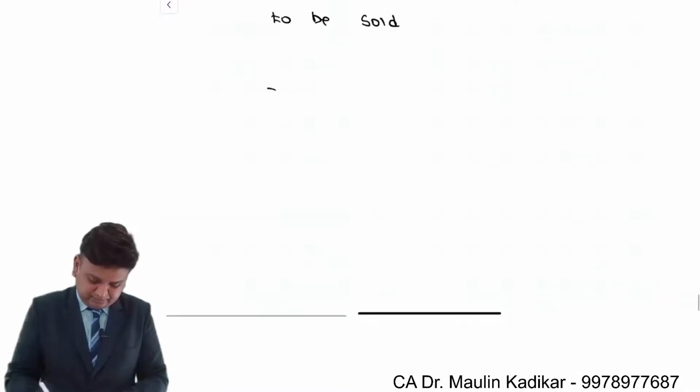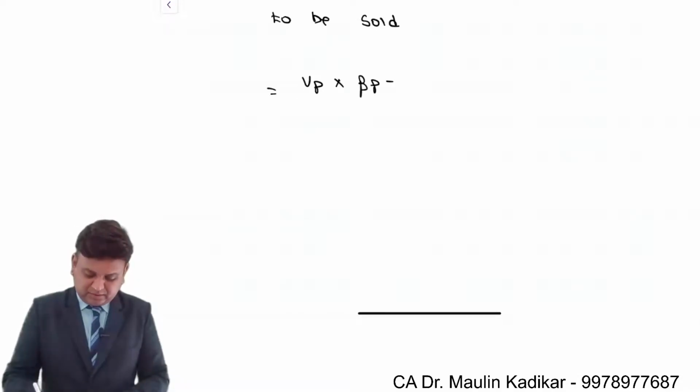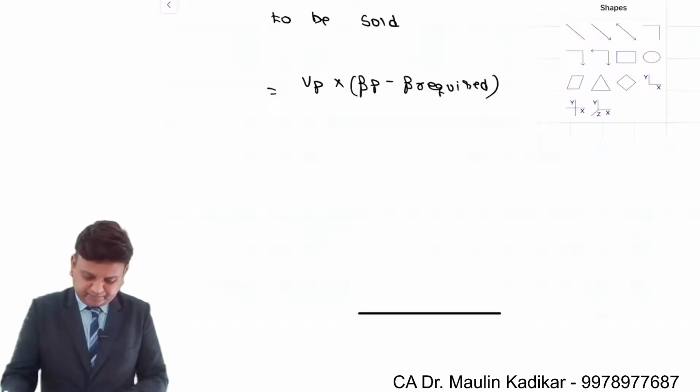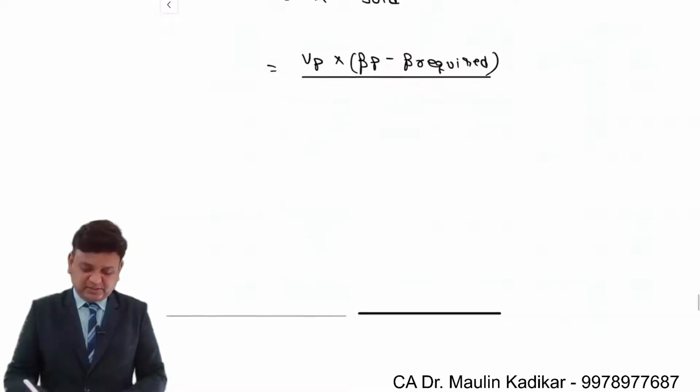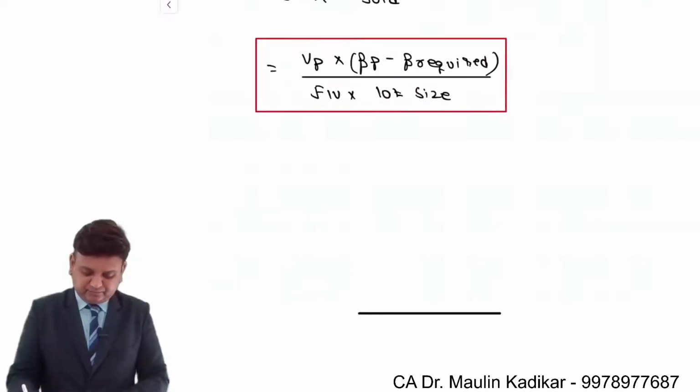Write down VP, that is value of the portfolio, into BP, that is beta of the portfolio, minus beta required, divided by futures index value into lot size. This is the formula that we have.